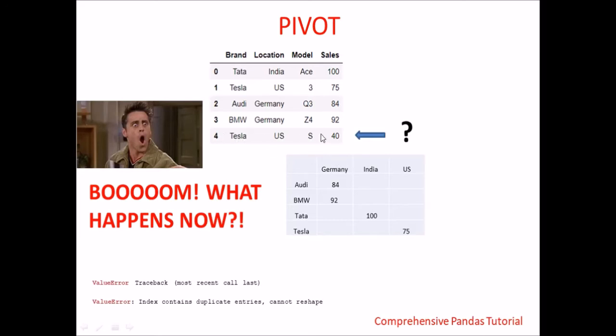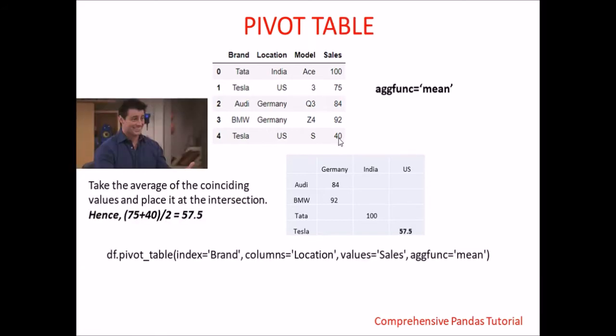So now this is where pivot fails, and pivot will basically get in a fix as to what to do now, and it will throw you a value error saying index contains duplicate entries and it cannot reshape. So when it says this error, it basically means that you have multiple entries here of Tesla US and Tesla US. So pivot cannot handle this scenario, and this is where a pivot table comes into the picture.